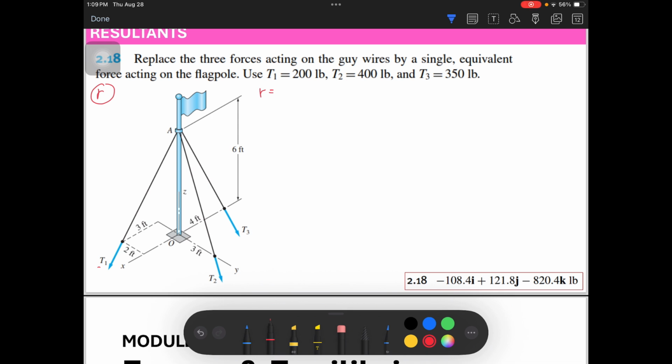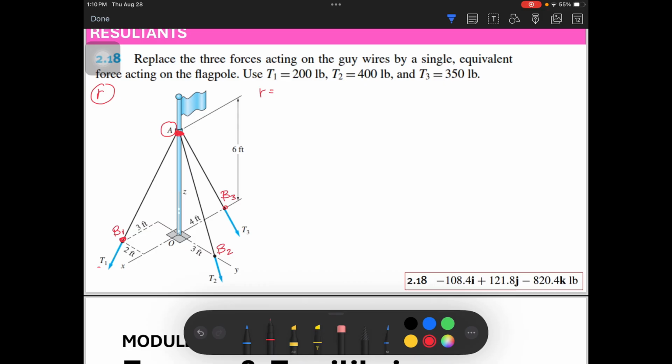So, point B minus point A tayo. So, ano yung point B? So, ito si point B. Ito si point A. This is the point B of force 1. Ito yung point B ni force 2. Ito yung point B ni force 3. At meron silang common point A. Okay?